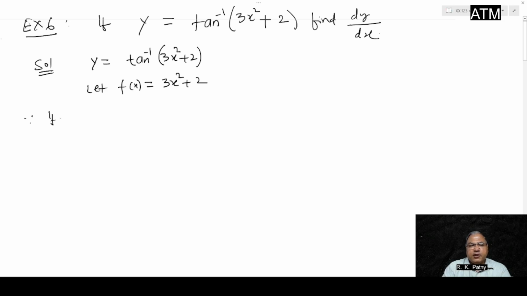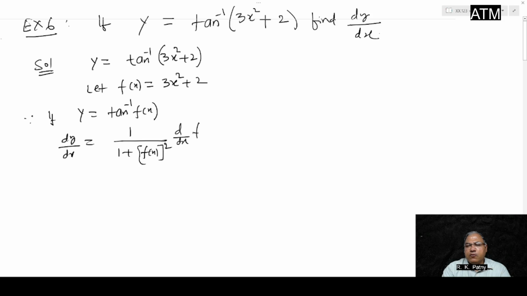If y equals tan inverse of f of x, then dy by dx equals 1 upon 1 plus f of x whole square into derivative of f of x. So this equals 1 upon 1 plus, what is f of x? That is 3x square plus 2 whole square into derivative of 3x square plus 2.